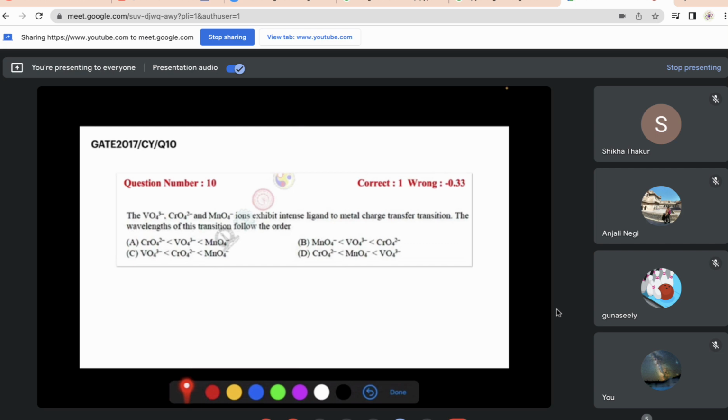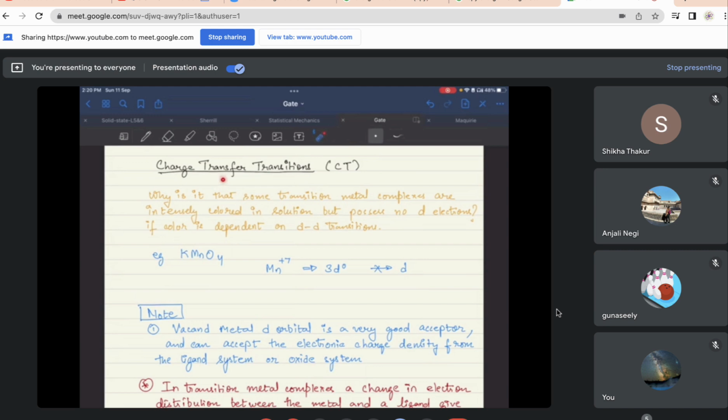So before that, let's move into some basics. So the charge transfer transition is denoted as CT. So the question is why some transition metal complexes are intensely colored in solution, but possess no d electron. So we know that there is a possibility of dd transition and it shows color in the complex.